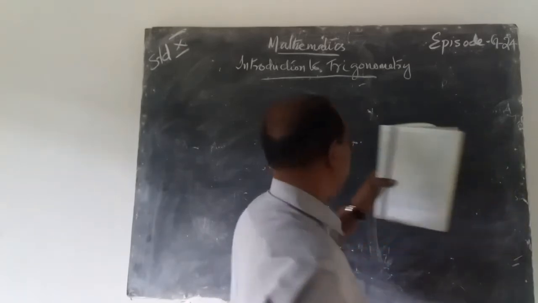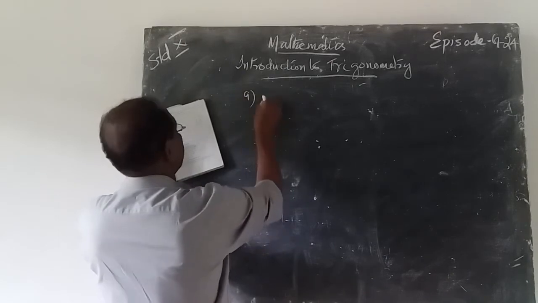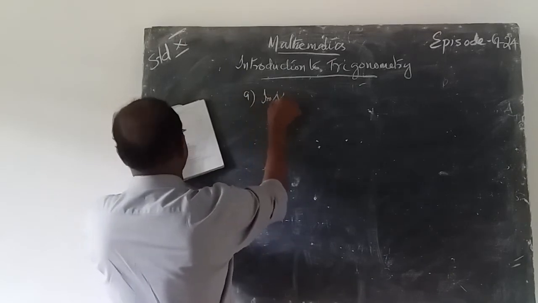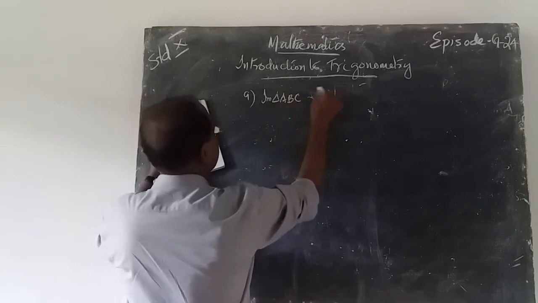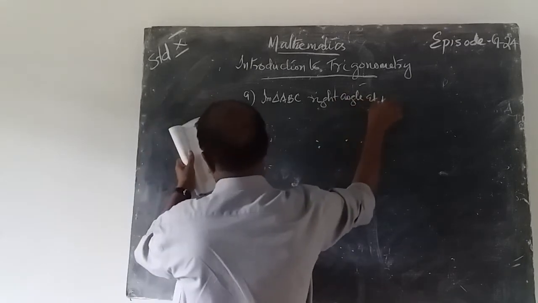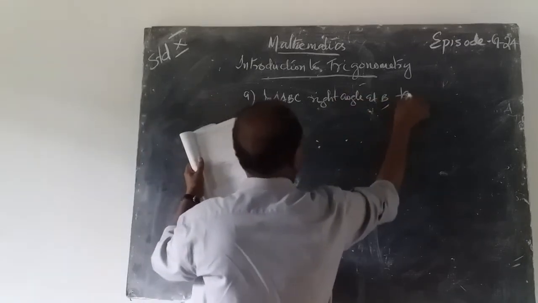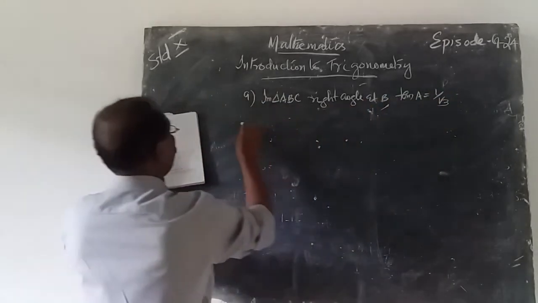Then question number 9. In triangle ABC, right angle at B, tan A is equal to 1 by root 3. Find.